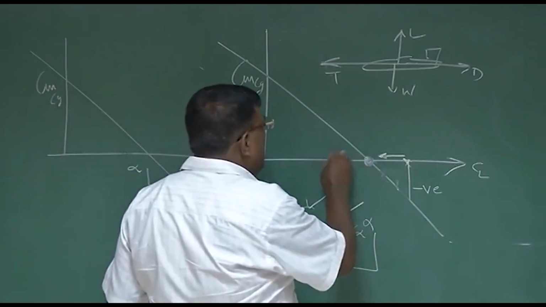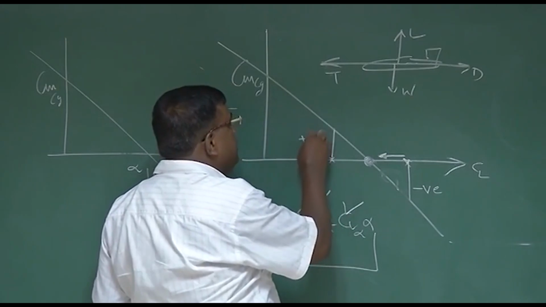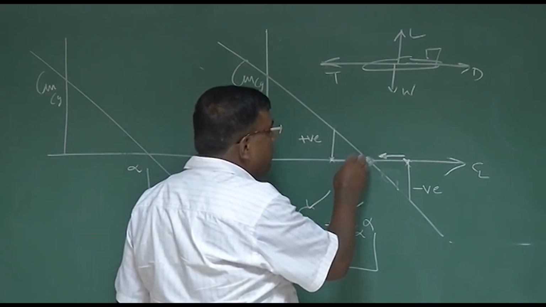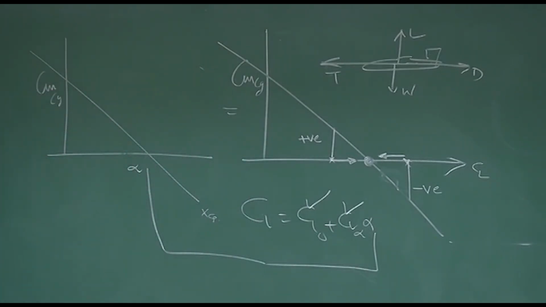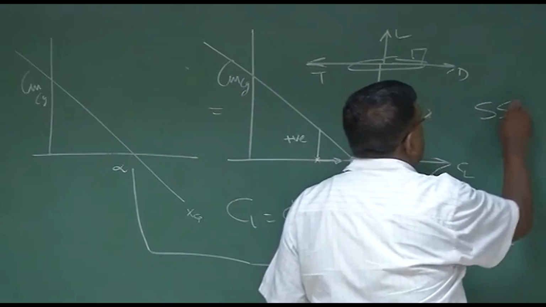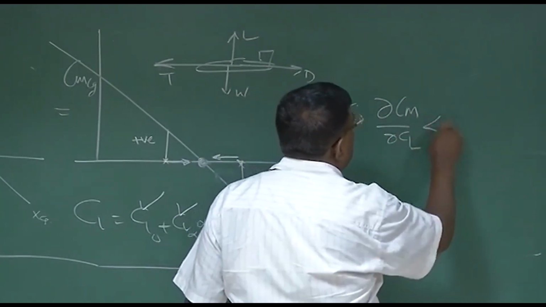Similarly, if there is a reduction in CL, then this aircraft will generate a positive pitching moment, which again has an initial tendency to come back to the equilibrium. So about the equilibrium, as CL is changing, it has an initial tendency to come back. So for static stability, dCm by dCl should be less than 0.